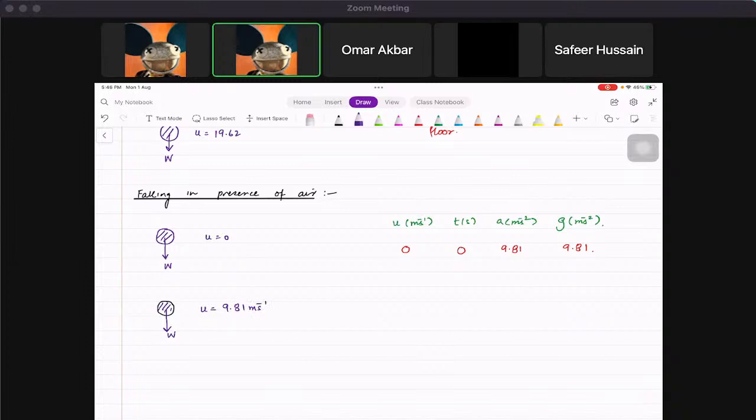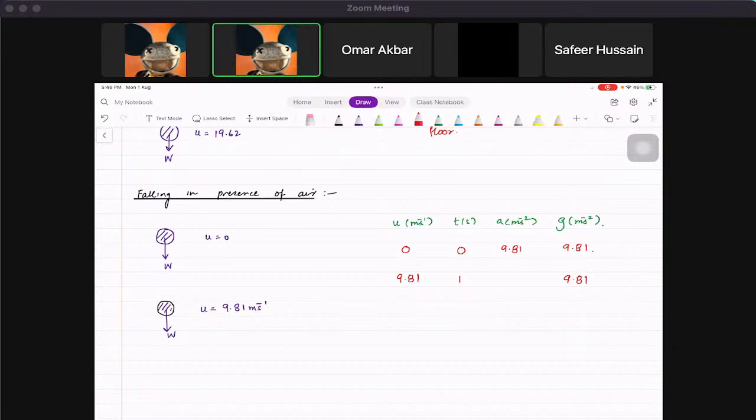The new velocity is 9.81, and the time was 1 second. The acceleration due to gravity is always the same, but the net acceleration changes.